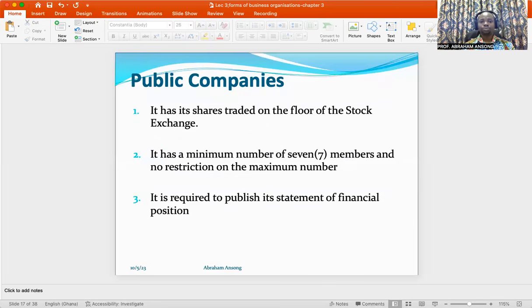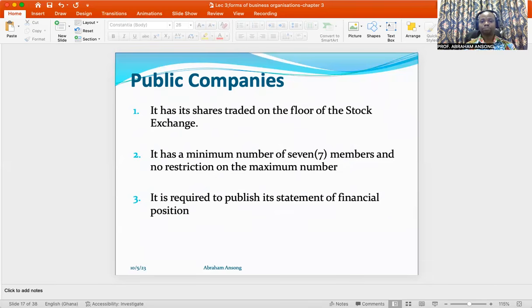All right. So generally, a public company has its shares traded on the floor of the stock exchange. All right. Various countries have stock exchanges. It has a minimum of 7 members, and there is no restriction on the maximum number. Okay. So as many people as possible, subject to the amount of shares that has been floated, can acquire shares in a public company.